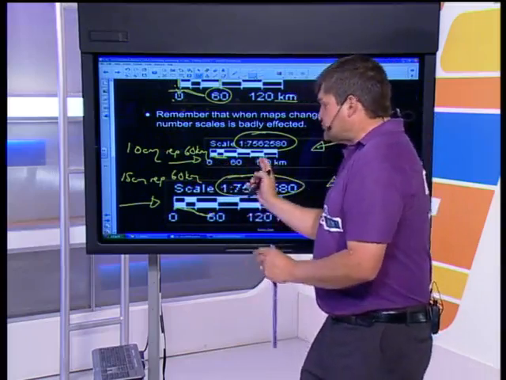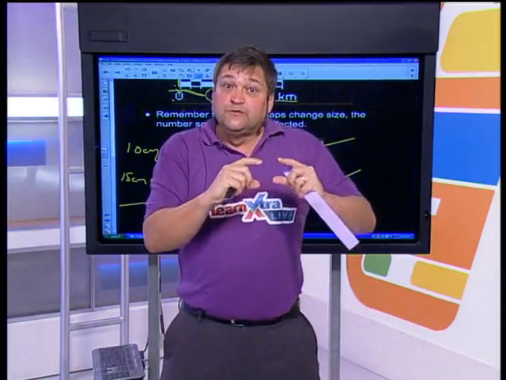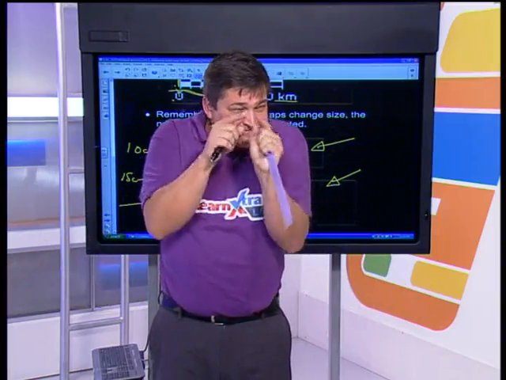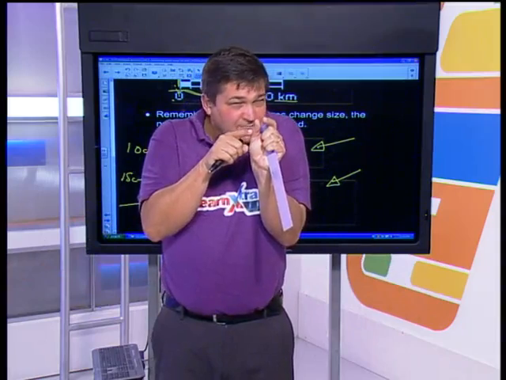Even though it's changed, because what would happen is as I increase the size of the map, so the bar scale would increase as well. But the number scale stays the same. Now guys, if I've got a map this big of an area, and I have that same area in a map that big, that distance on that tiny little map can't represent the same on that big map.